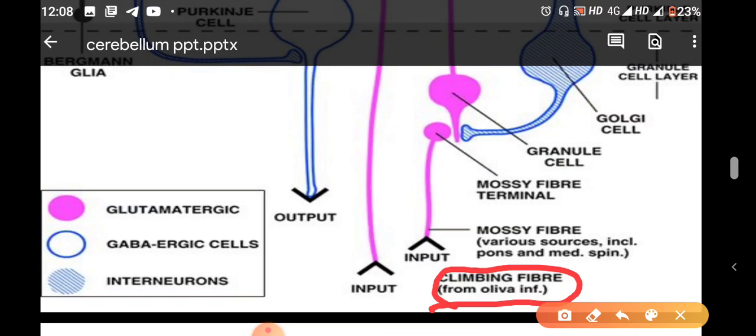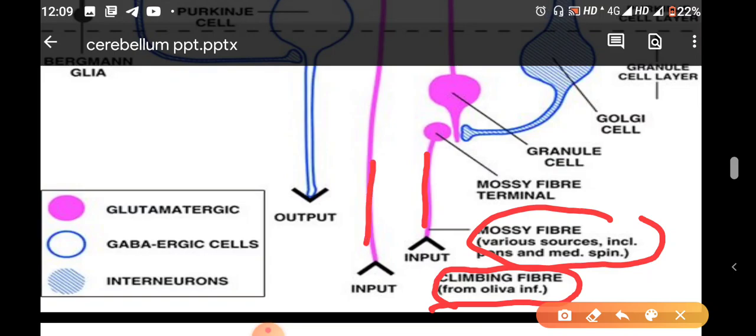So the proprioceptive information from the whole body, and also the vestibular information, that is the head and eye movements, and also the fibers from the corticopontocerebellar tract, all this information comes via mossy fibers. Both these fibers are excitatory, that is glutamatergic fibers. The pink color is showing the excitatory glutamatergic fibers.